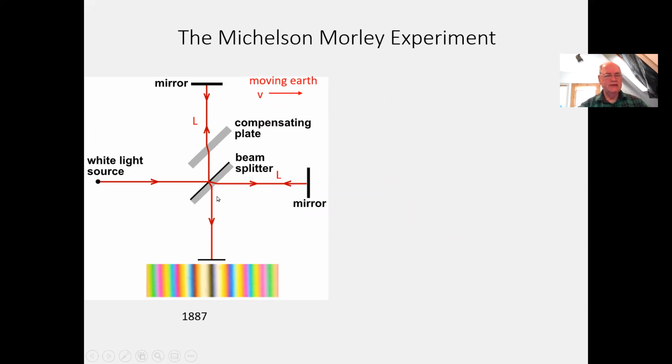If we were lucky enough to situate this apparatus so that we have a light source here, we split it by a beam splitter. Some of it we allow to go straight through to this mirror, the other we allow to move up at a 90-degree angle, both reaching two mirrors, and they'll come back to the joint place and then move on.